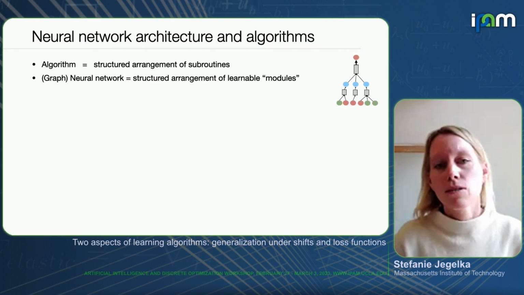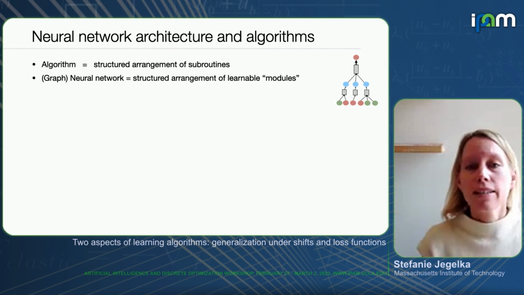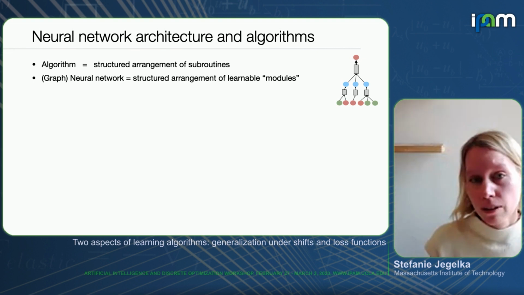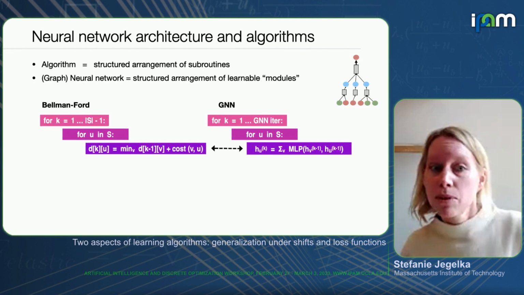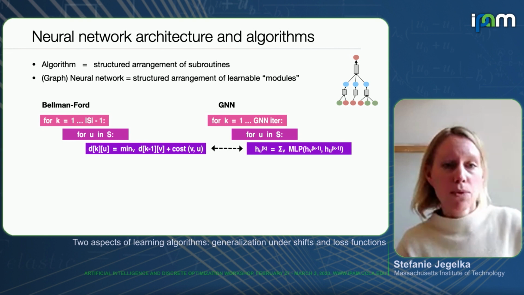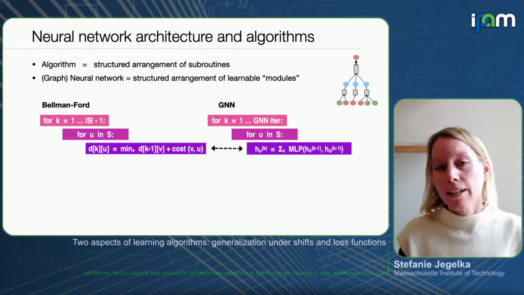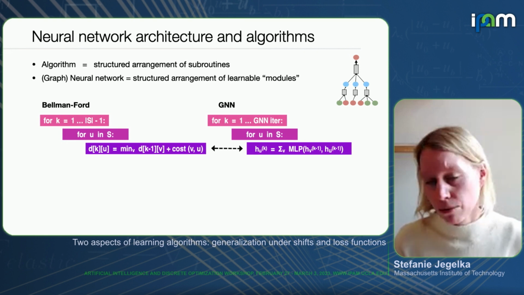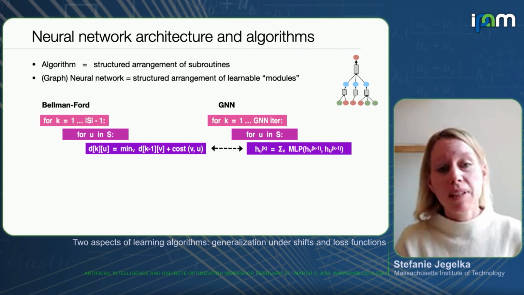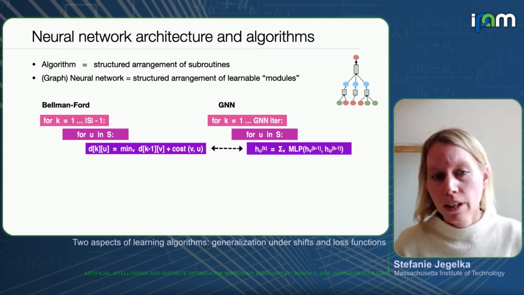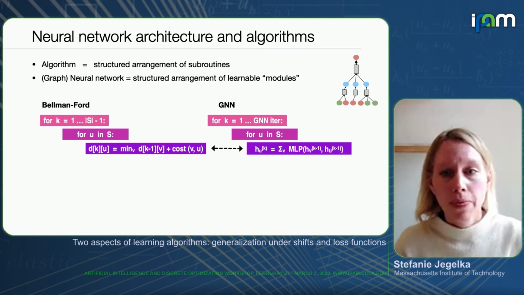This is basically looking at the computational structure of my graph neural network and relating it to the algorithm I'm actually learning. So going back to my running example of shortest path, if you look at the Bellman-Ford algorithm, in its computational structure, it looks extremely similar to my graph neural network. In each iteration, I'm doing something on each node. I'm updating some information about each node, which in this case is the shortest path that I've found so far.